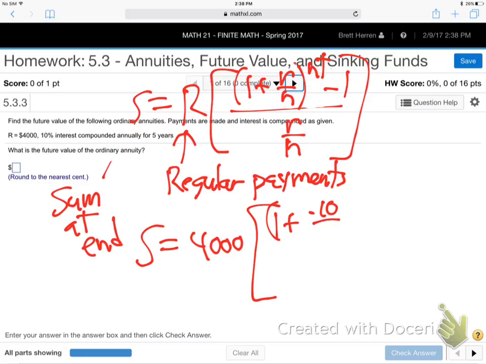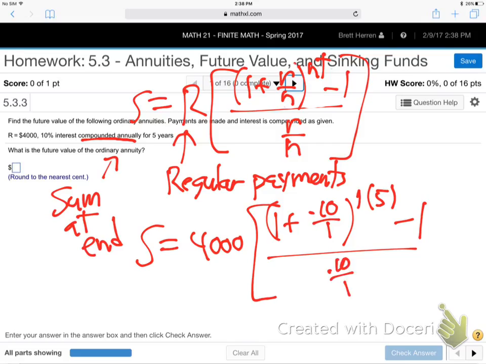Thank you. So N is just 1, and 5 years, over R. Yeah, like that. And then you just hit the buttons on your calculator, if you can type all that in.